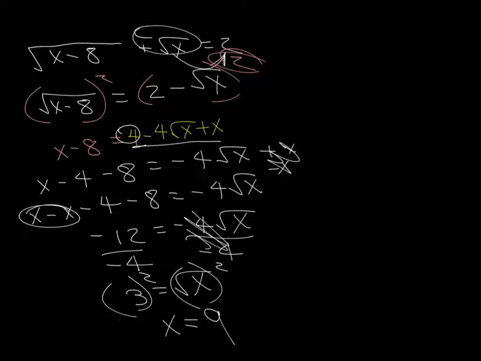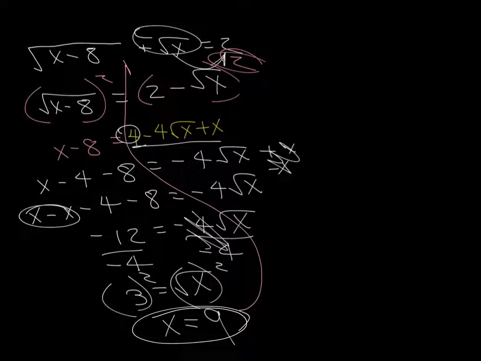Okay, so you get 9 for an answer, and I didn't do this on the last one, but you need to take your answer and plug it in to the original equation to make sure it works. Alright, so our original equation, I'm going to put it down here at the bottom so that I can move it up in just a minute.